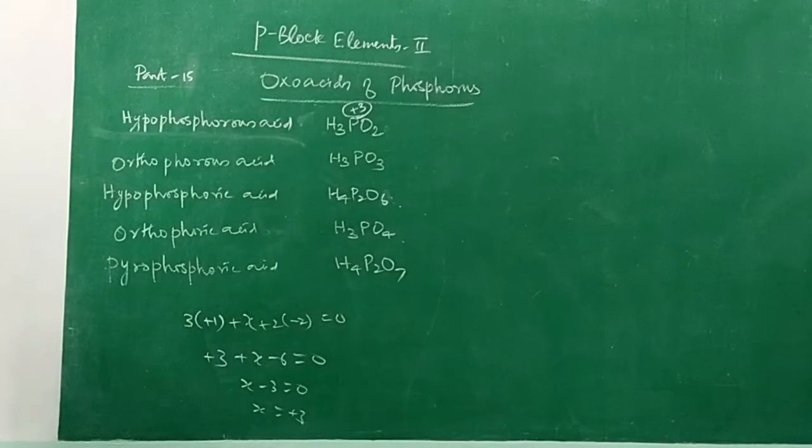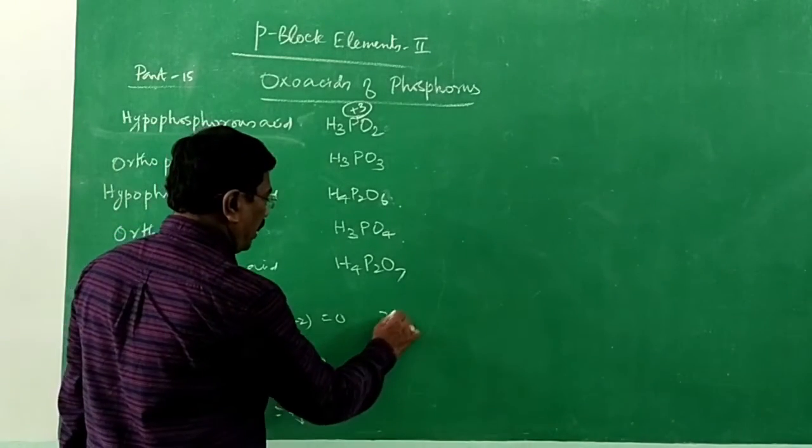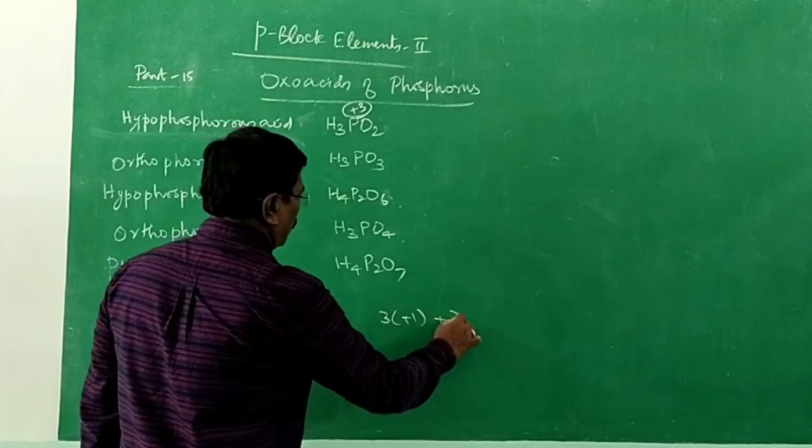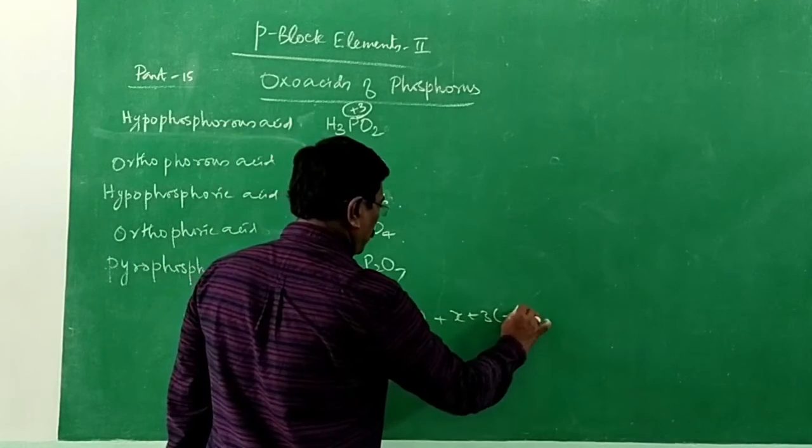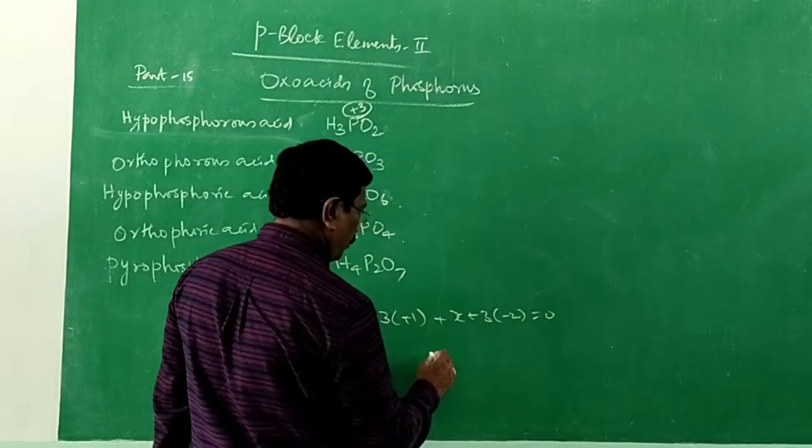Let us check whether we have calculated correctly. Then orthophosphorus acid, H3PO3. 3 into plus 1 plus X, 3 into minus 2 is equal to 0.